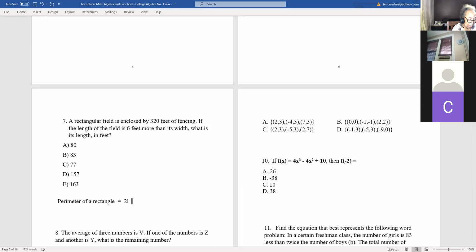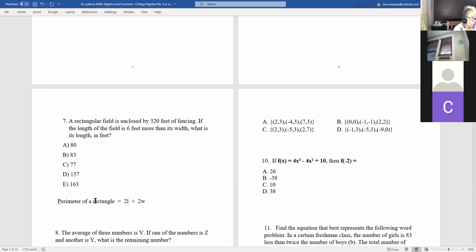Perimeter equals 2 lengths plus 2 widths. And they gave you the perimeter. Perimeter is 320. Now, see if you can solve it. You've got the 320.